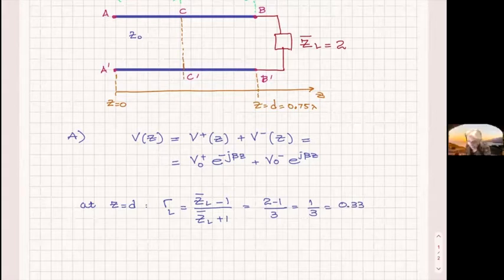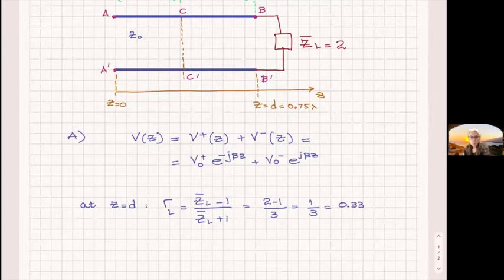Oh, sorry to interrupt. In your initial equation, V of Z equals V plus Z plus V minus Z. Shouldn't that be a difference, since we're trying to find the V of Z total, which is the potential difference between the two? What do you mean?